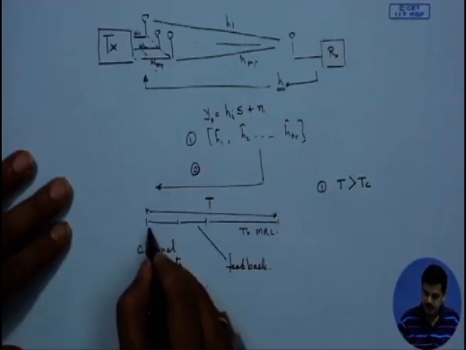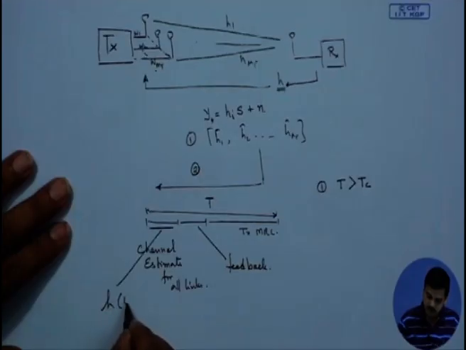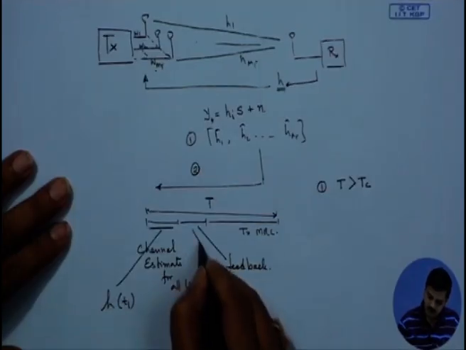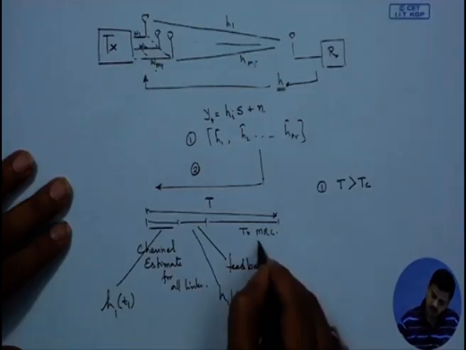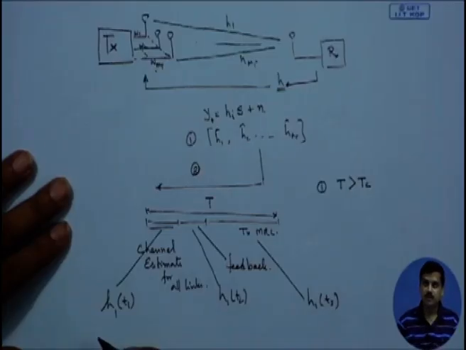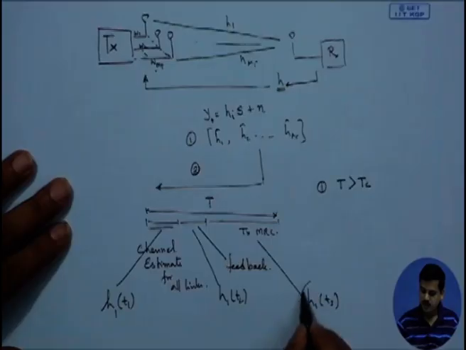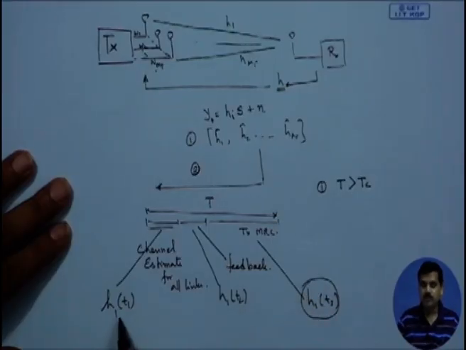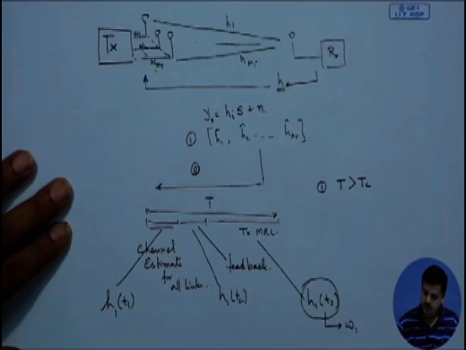In that case, the channel that is estimated in this part, that means H1 of T1, here let's say H1 of T2, and here H1 of T3. These are three different times. If T3 minus T1 is greater than the coherence time, this coefficient is very different from the coefficient that was measured, whereas this is used in W1, the weight.